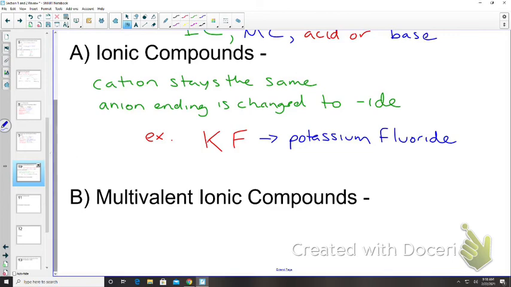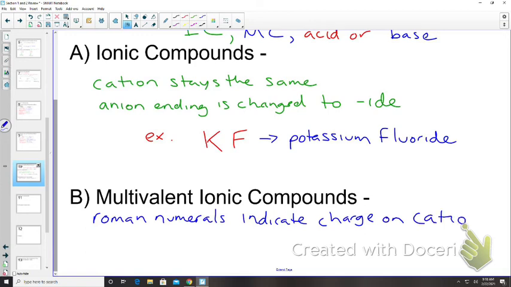Multivalent ionic compounds. So remember these Roman numerals indicate charge on the cation. So for example, okay, so Roman numerals, and then we need a net charge of 0.